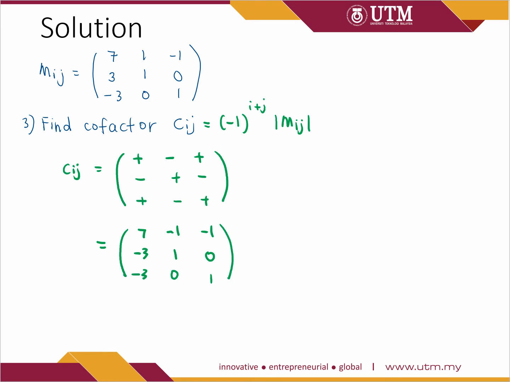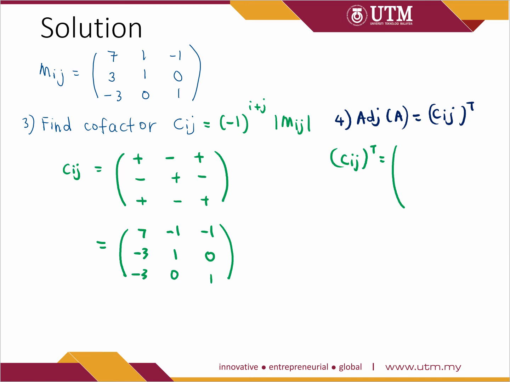Okay, now we have found the cofactor. The next step is that we have to find the adjoint matrix of A, which is actually equal to the transpose of Cij. So from here, transposing means that we change the row with the column.